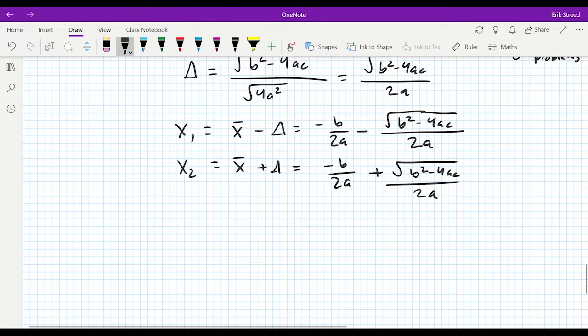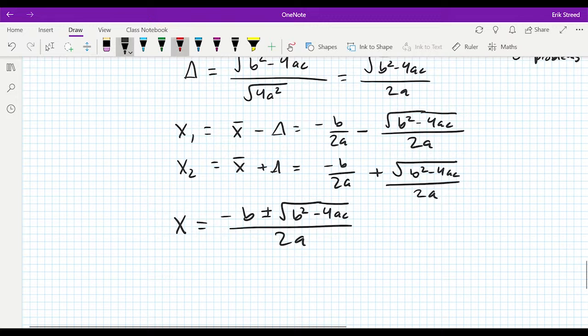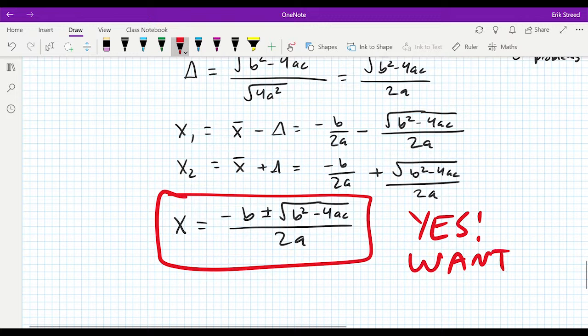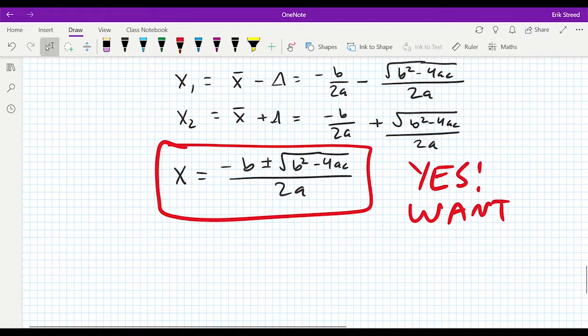We can combine those and say x is negative B plus or minus the square root of B squared minus 4AC, all over 2A. And we've won. We've got what we want. Hooray! Smiley face time.